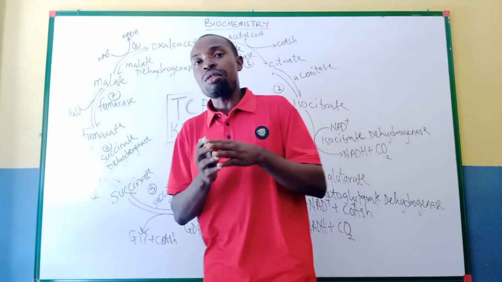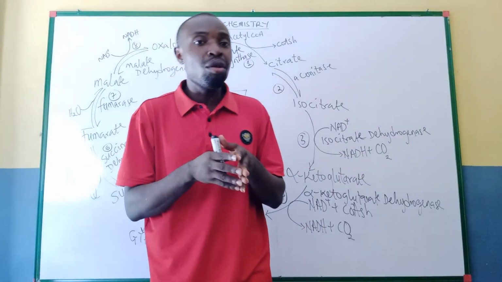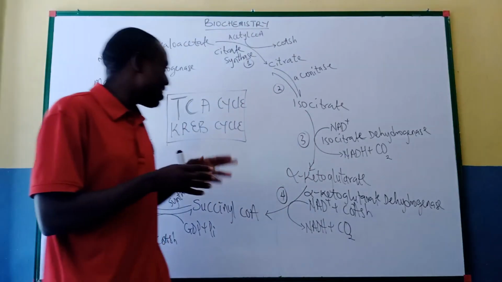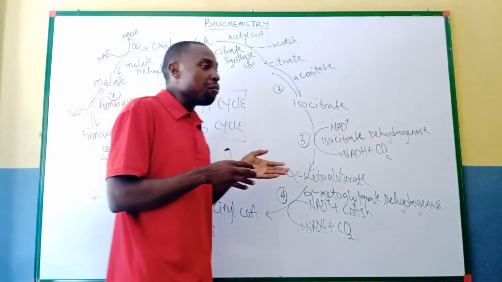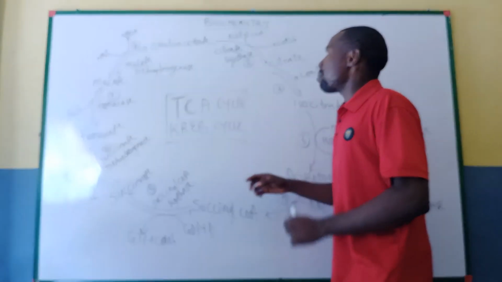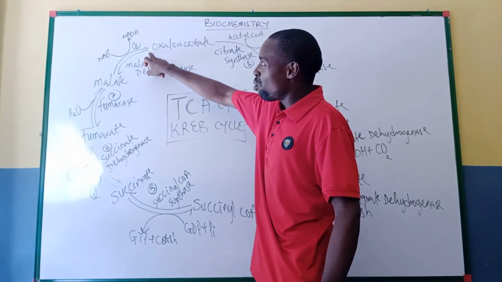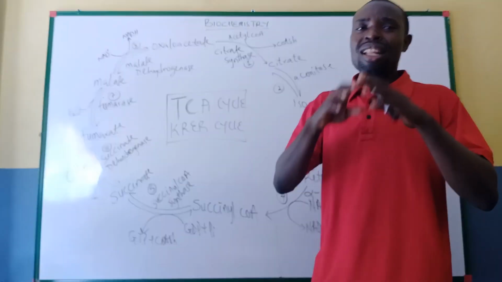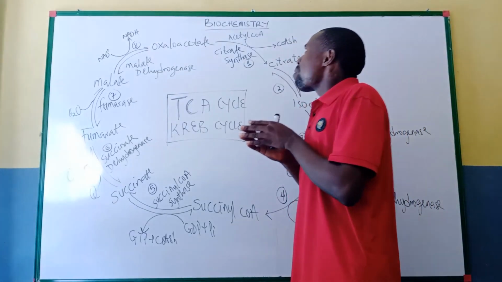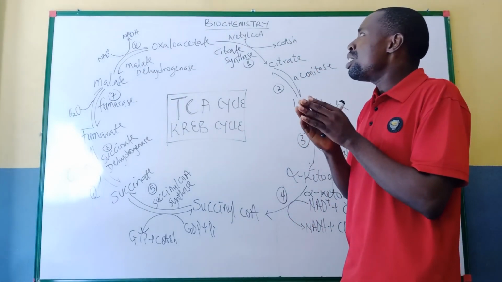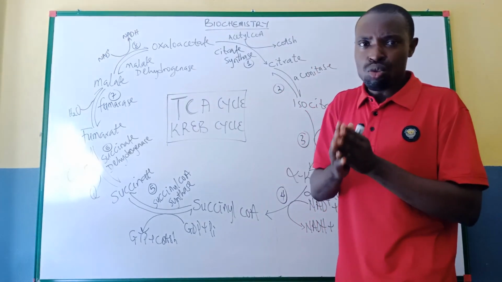Now, in our previous video, we talked about how the Krebs cycle is also known as the TCA cycle, and that it involves 8 steps, from step 1 to step 8. Not only that, it involves the release of 2 CO2.